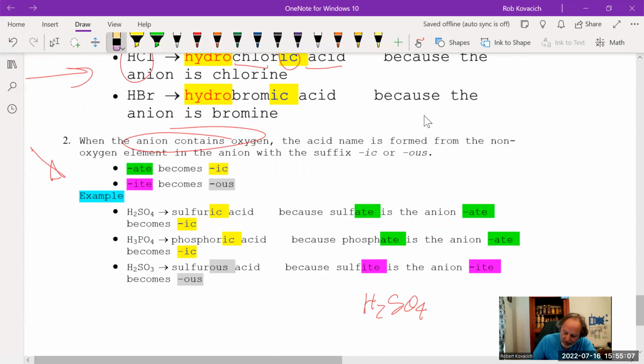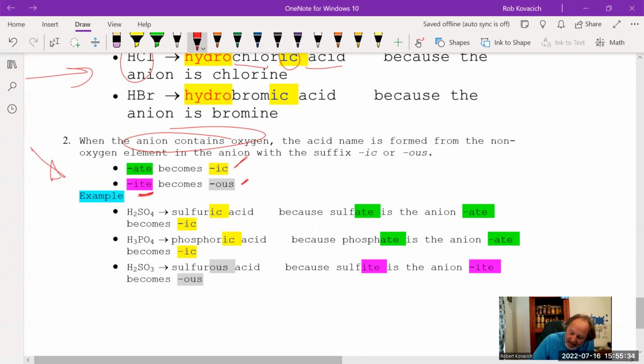So how do I get sulfuric acid out of that? I have to identify the polyatomic ion and its suffix. And if its suffix ended in ate, then I change it to ic. So that's where we are right here. I'm changing this from an ate to an ic. If it ended in ite, then I'm going to change that to ous.